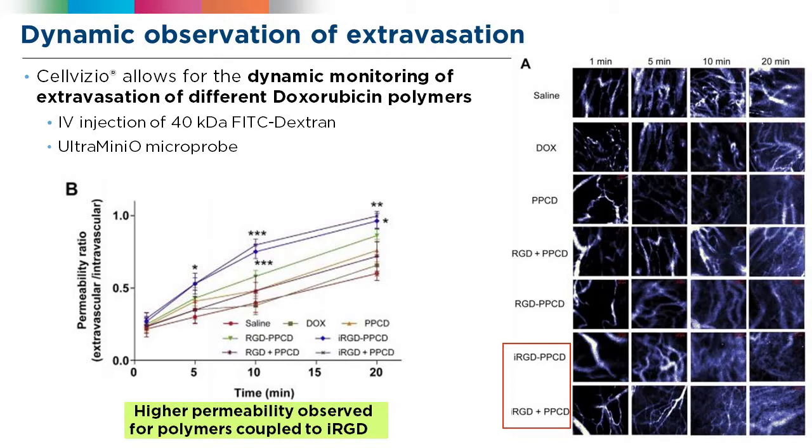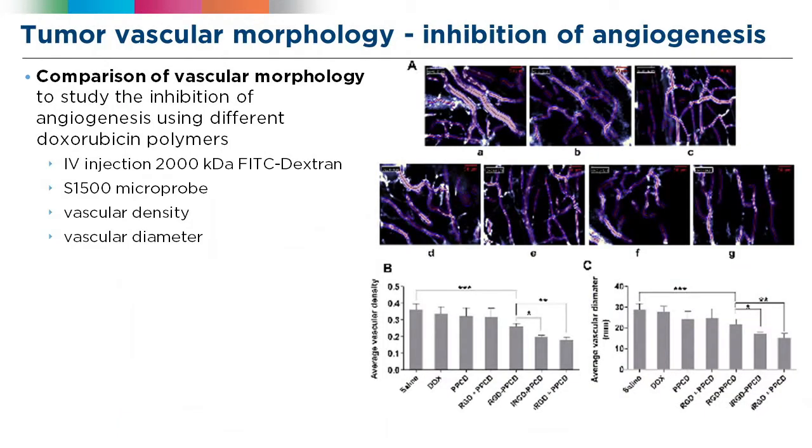They also looked at the permeability by looking at the signal inside and outside of the vessels at different time points, and they observed that they had a higher permeability when IRGD was coupled to the doxorubicin polymers. So that was the effect on extravasation.